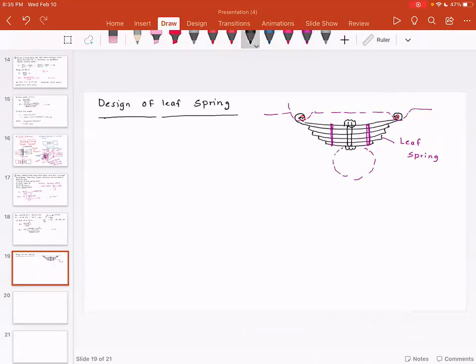So step one, determine strength of each leaf.